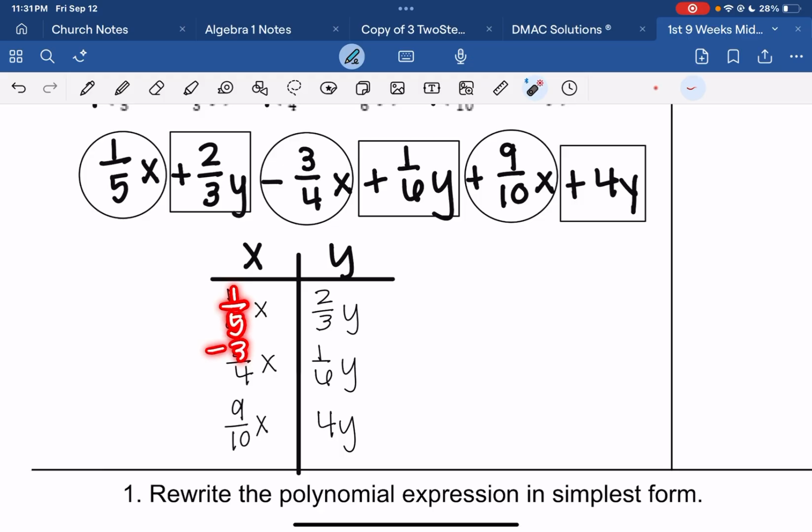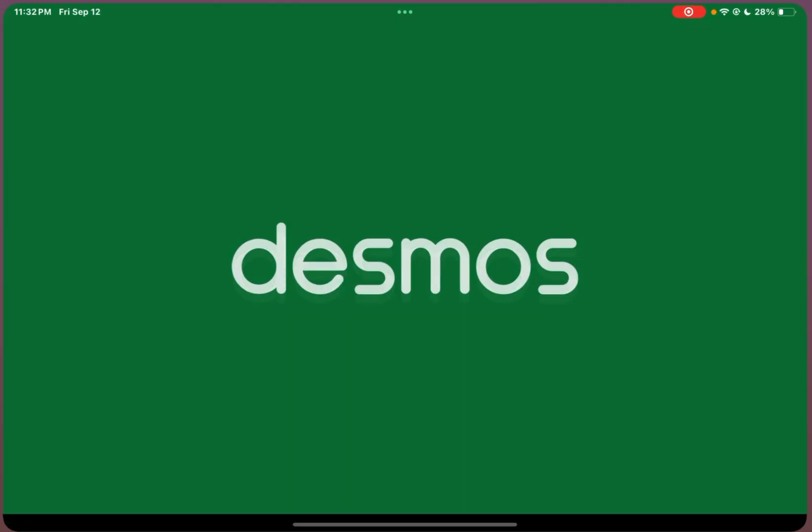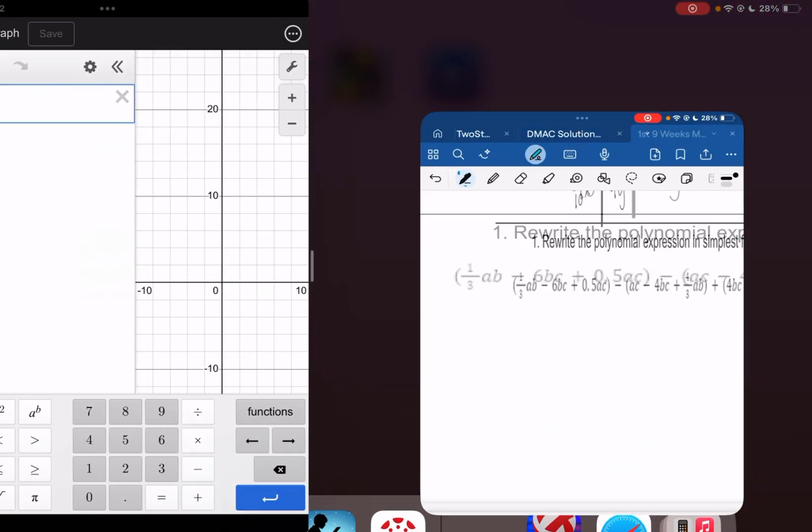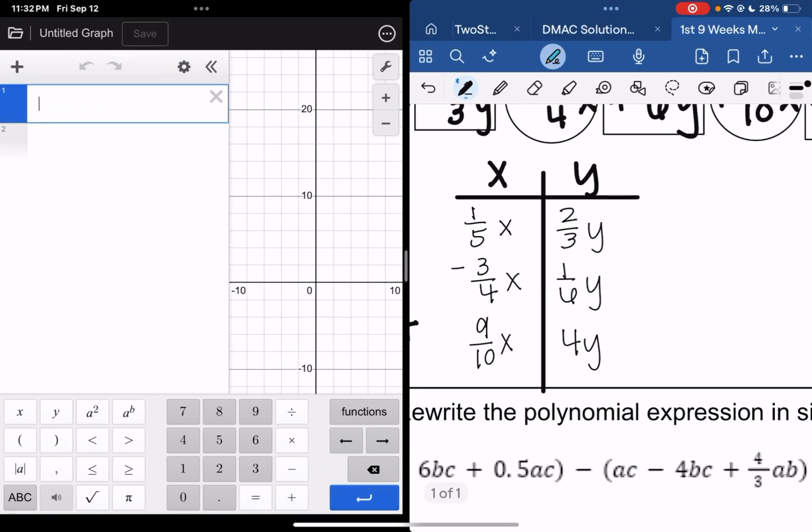So 1 over 5 minus 3 over 4x plus 9 over 10. So add. I'm not really sure what the answer is off the top of my head. I don't have Desmos. There you go. All right, let's do it. 1 divided by 5 plus a negative 3 divided by 4 plus a 9 divided by 10.